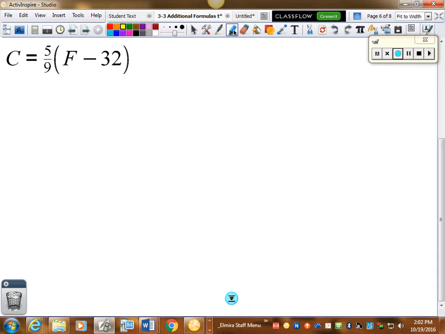The only variable I can solve for is f. All right. So if I want to solve for f in parentheses, we're subtracting 32, and then we're multiplying by 5/9. Okay, fractions are tricky, and we're always going to do fraction multiplication a little bit different.